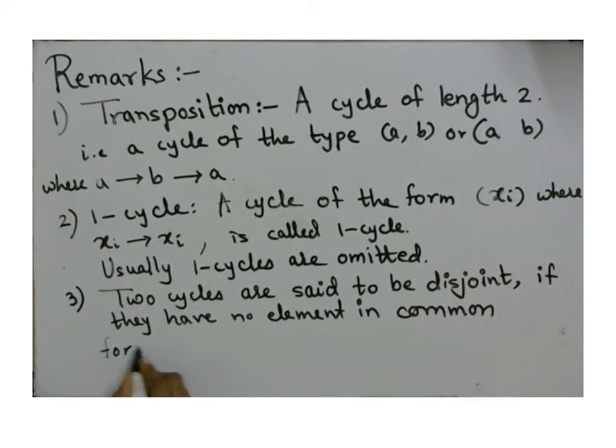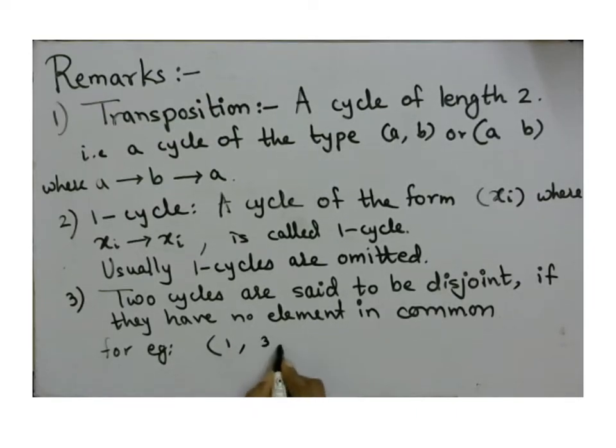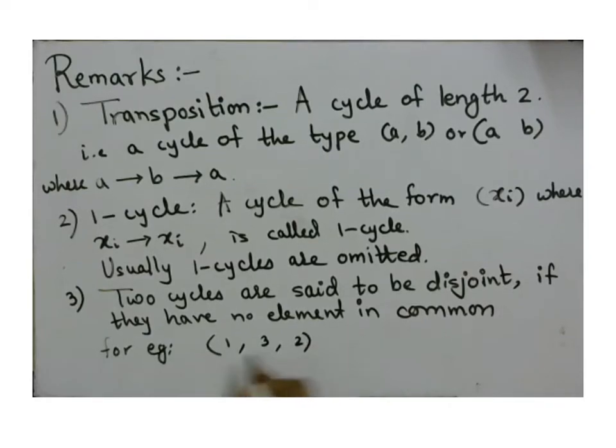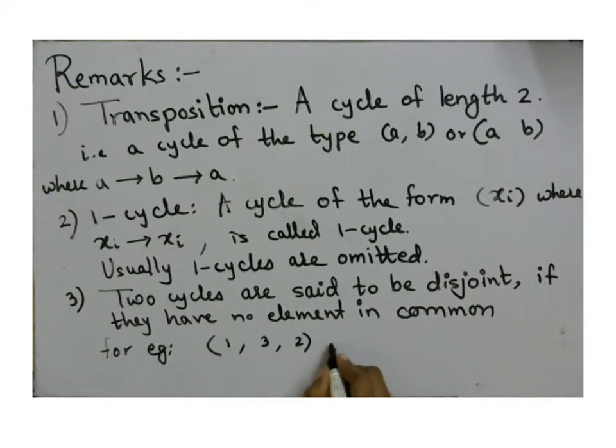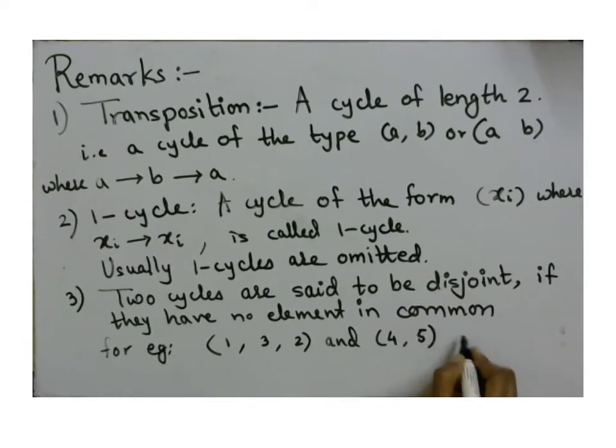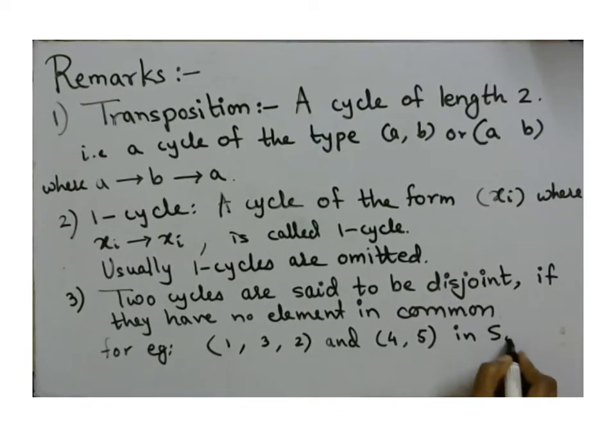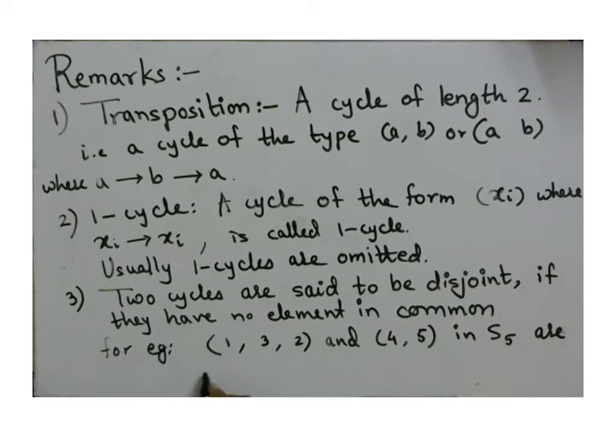For example, the cycle (1, 3, 2), that means 1 maps to 3, 3 maps to 2, and 2 again maps to 1, and (4, 5) in S5 are disjoint cycles, as they don't have any element common between them.